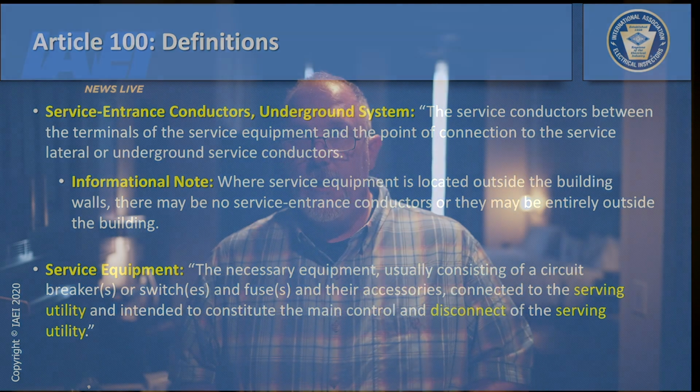Now, we've had debates and discussions, say in Article 705. When you have a set of conductors that's coming from the utility, connecting the serving utility to, say, a PV disconnect, the debate that has been had in the past is that those conductors are not service conductors.